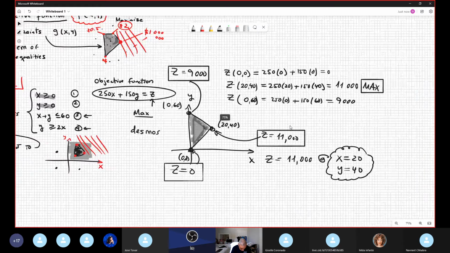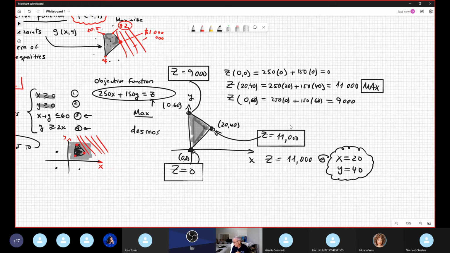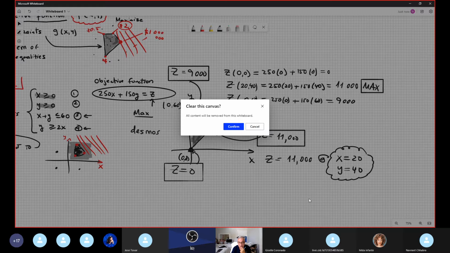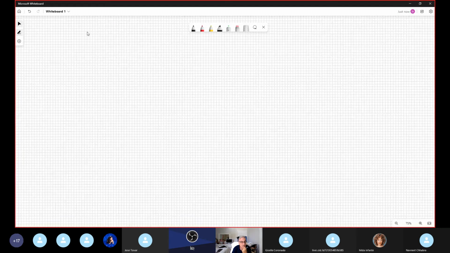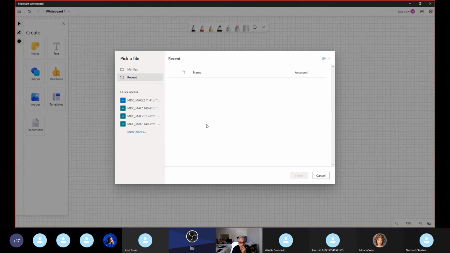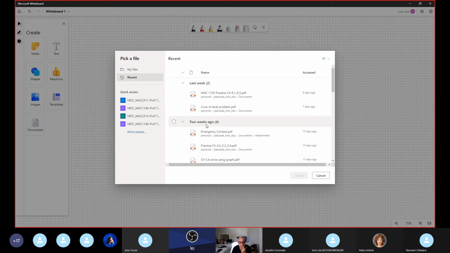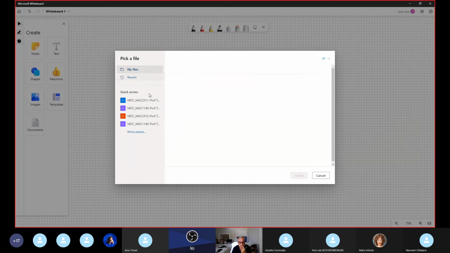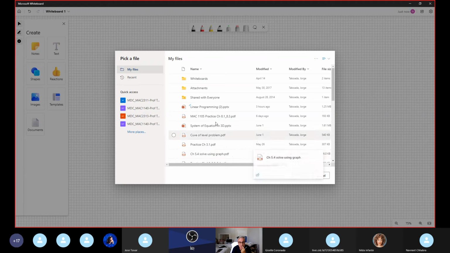Okay, so let's see the application. Then spend the rest of the time trying to do the application. The application I have on the whiteboard, however, I erased the whiteboard 3,000 times, so I lost this. But don't worry, I try to recover it in a document. Okay, here are my files. Linear program.